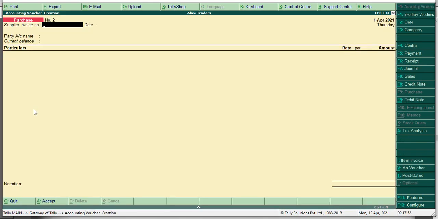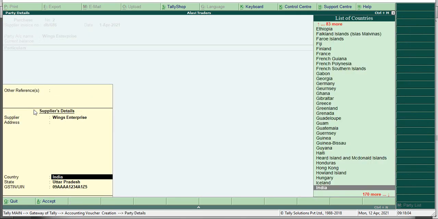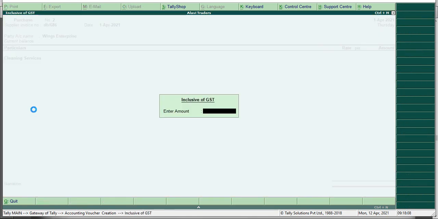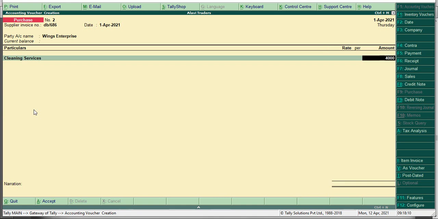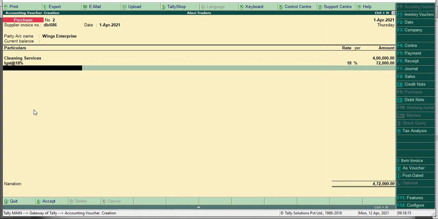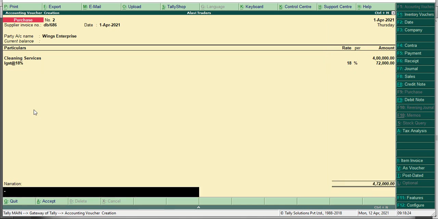Accounting voucher, DB by 686. Purchase Wings Enterprise. Cleaning services, 4 lakhs. IGST, yeah. So this is IGST 72,000. So this is the integrated tax which is levied on cleaning services.